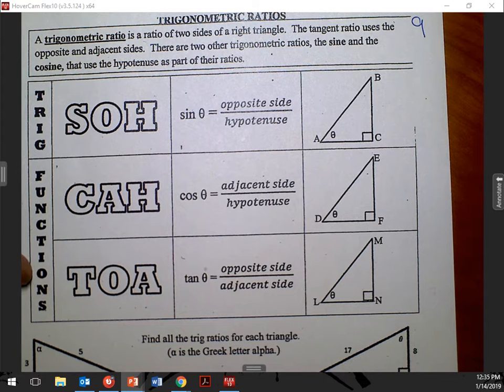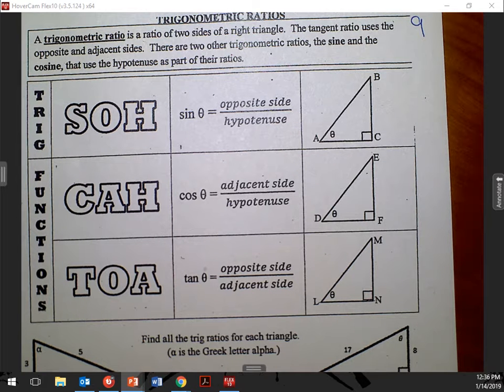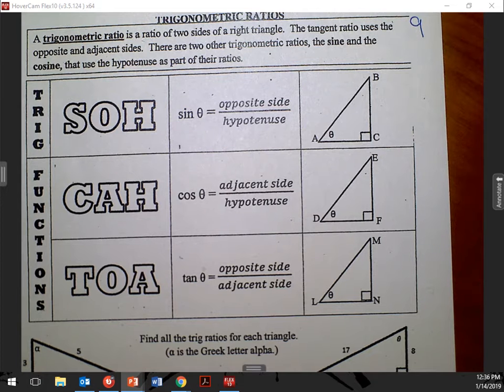So in these ones right here, what is going to be my given angle? Theta.